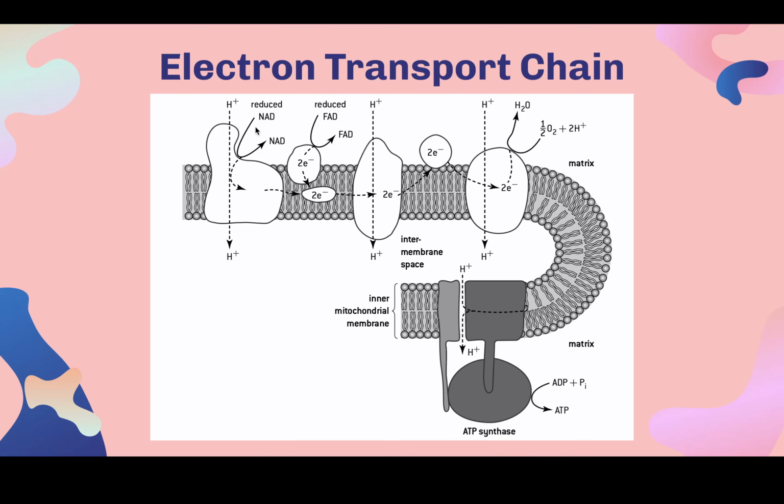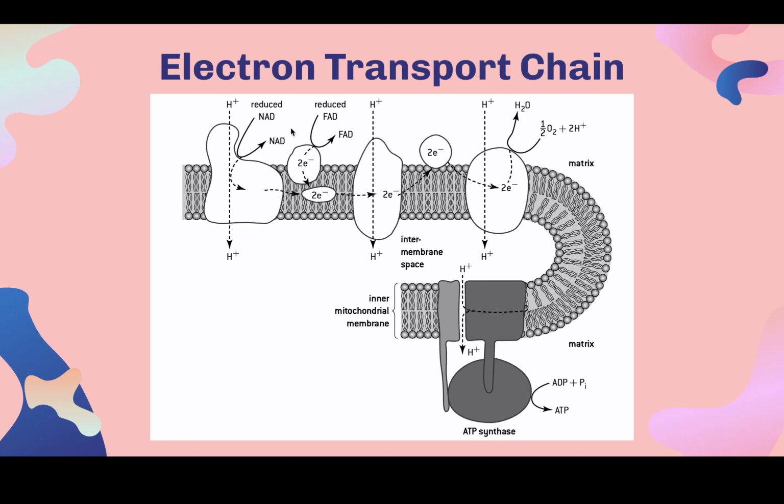One reduced NAD molecule deposits hydrogen and an electron to the membrane protein here, and a reduced FAD molecule will deposit another electron over here, and then those two electrons together move throughout the membrane to essentially, what I like to say, cause chaos and basically create energy at this point.